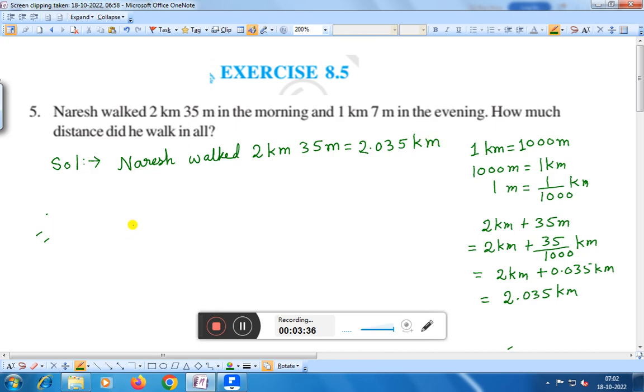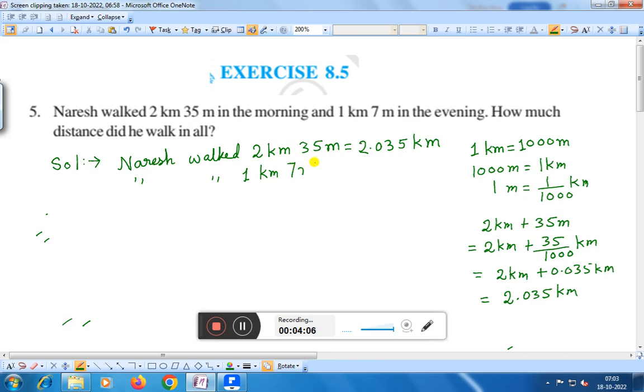Now Naresh walked 2 kilometer 35 meter in the morning and Naresh walked 1 kilometer 7 meter in the evening.